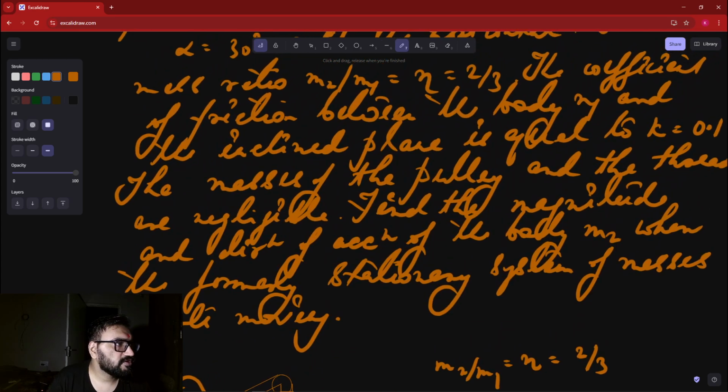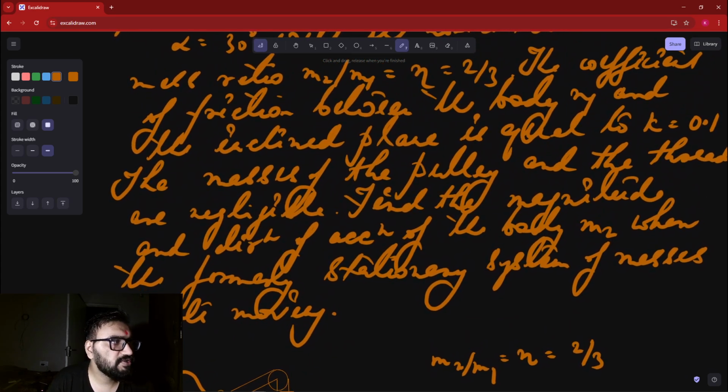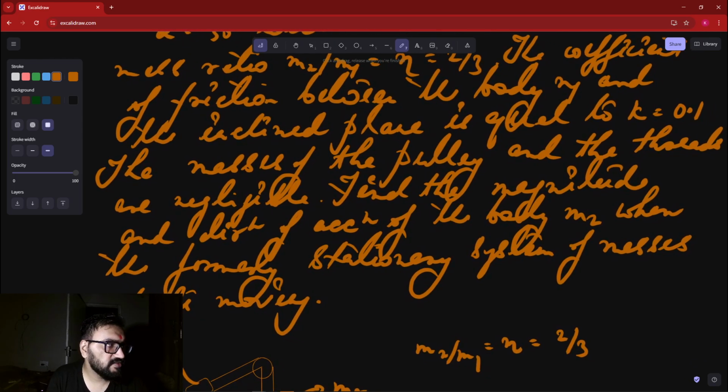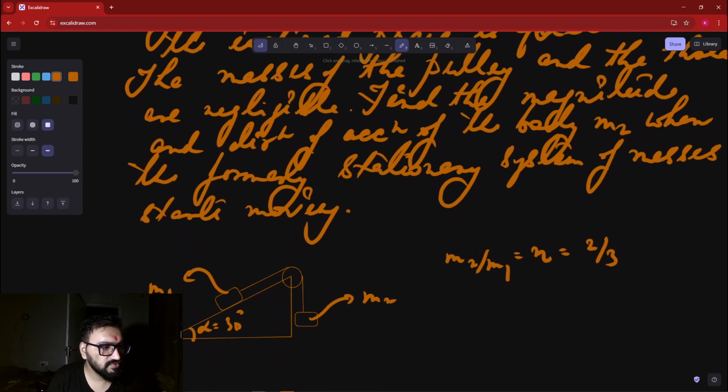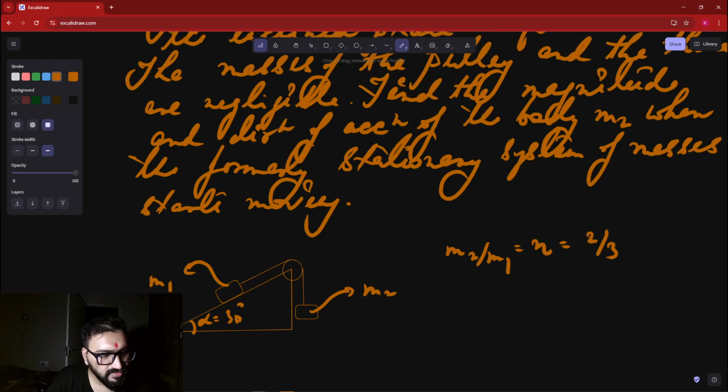Okay, let me see what else has been given. The coefficient of friction between the body m1 and the inclined plane is equal to k, which is equal to 0.1. So between the mass m1 and this surface there is some friction, and the coefficient of the friction is given as k. Its value is 0.1.